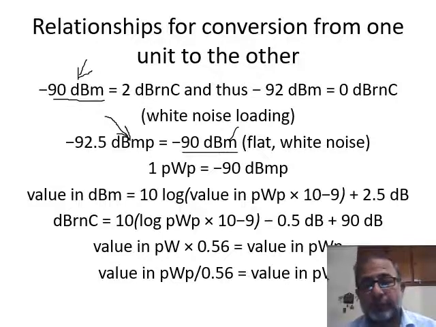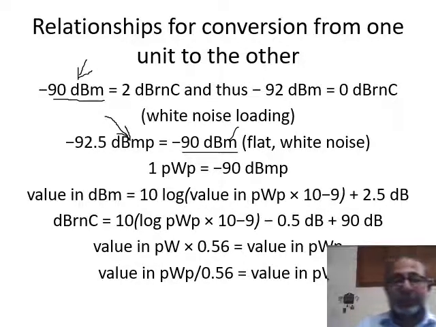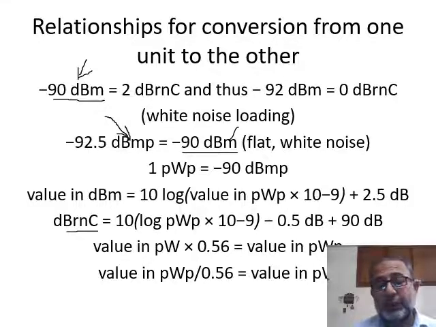which is for flat white noise, and 1 pWp is equal to minus 90 dBmp. The value in dBm would be equal to 10 log of the value in pWp times 10 to the power minus 9, plus 2.5, and this 2.5 is the noise advantage that we get. On the other hand, for the C message part, dBrnc can be calculated as 10 log of pWp times 10 to the power minus 9, minus 0.5 dBs, plus 90 dBs.